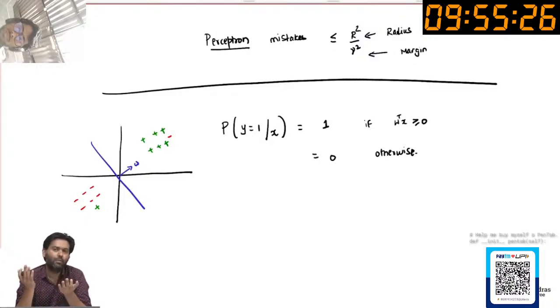But then if the labeler had used this w, that labeler would have labeled this point as plus and this point as minus. Because we are seeing the other way in the data set, this data set could not have been generated according to the perceptron assumption, which is this.